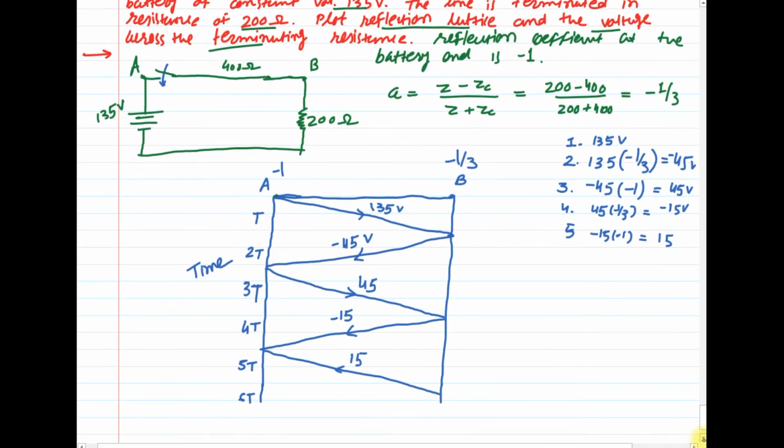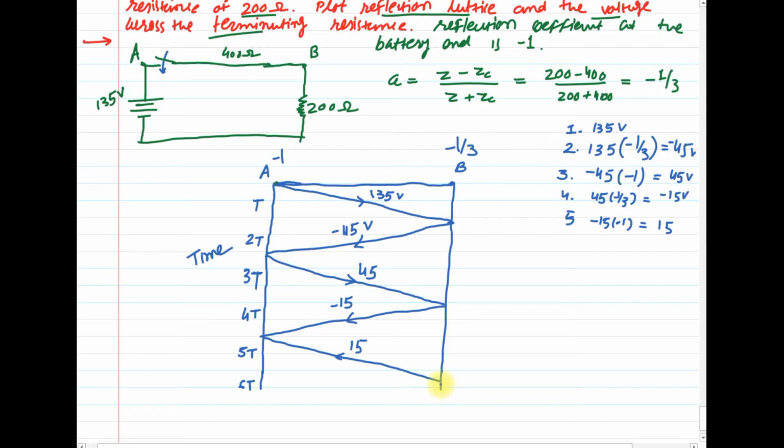Next, similarly, it is successively reflected between the two ends of the transmission line, that is at the source end and at the load end, or I can say at point A and at point B. So again it will become minus 3 volt, again it is plus 3, and so on.